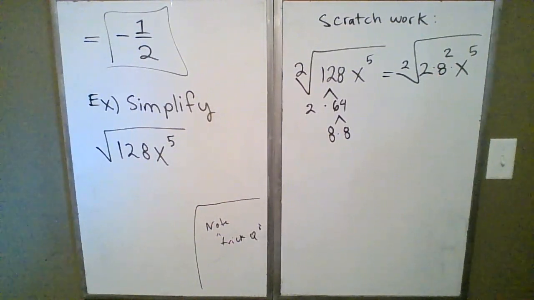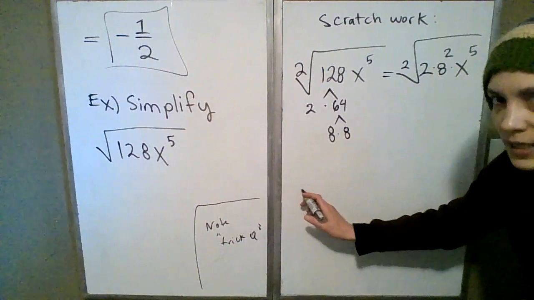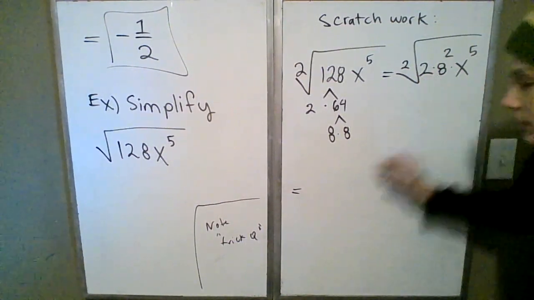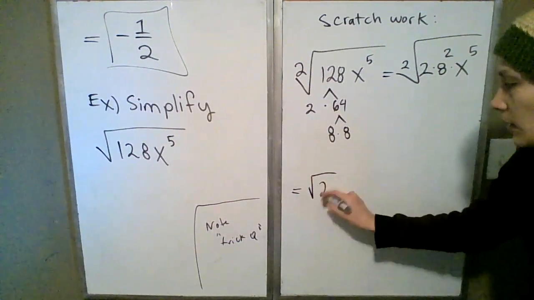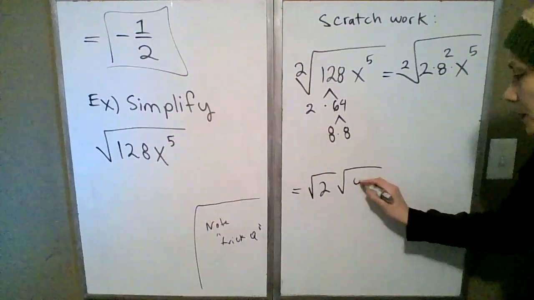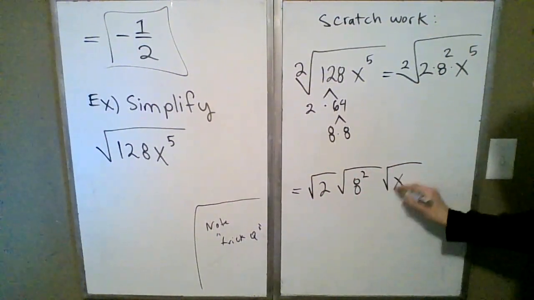Okay. I'm going to go ahead and start to split this up a little bit. So what I've got is a root of 2 multiplied with a root of 8 squared, and then times that root x to the 5th.